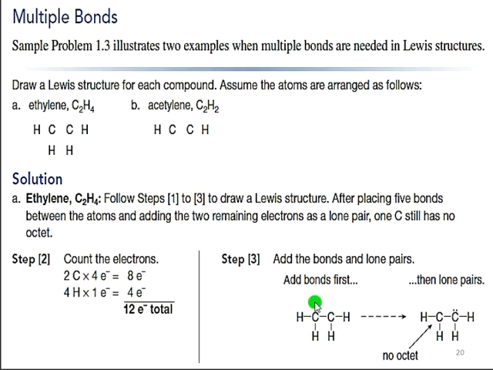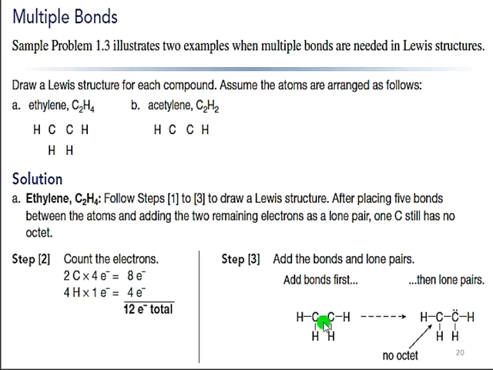Now is this carbon surrounded by 8 electrons? The answer is no. This carbon is surrounded by 6 electrons, 1 2 3 4 5 6. That means we have 2 remaining electrons. Is this carbon surrounded by 8 electrons?